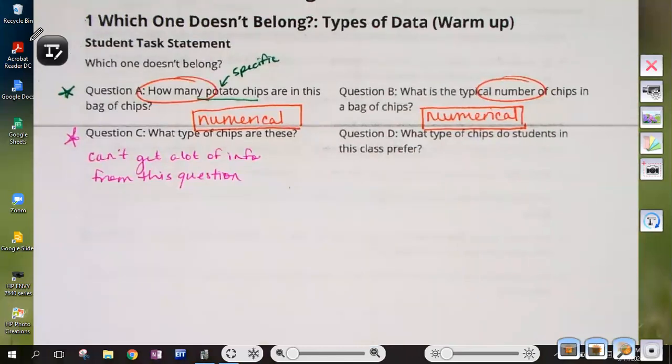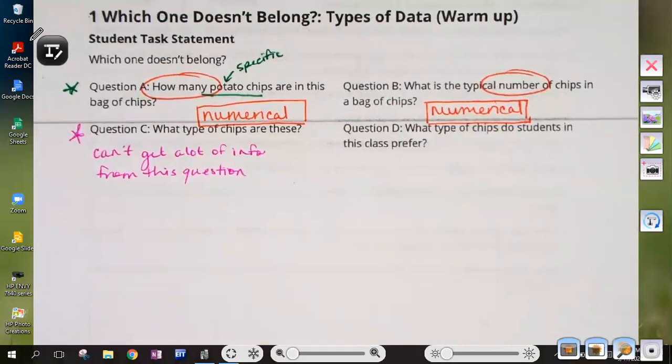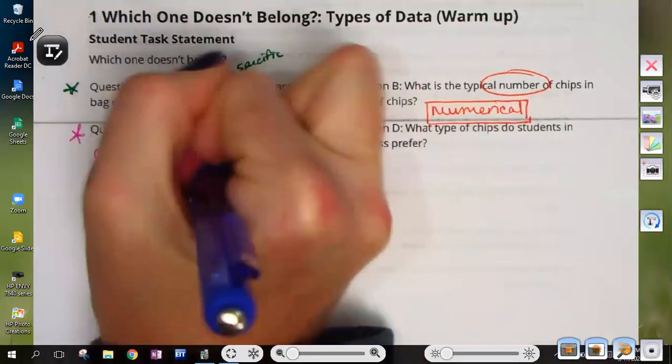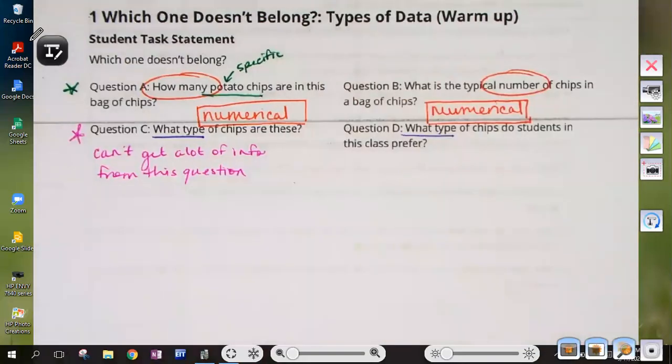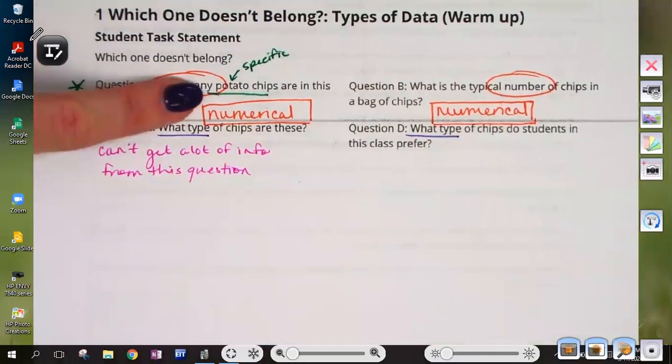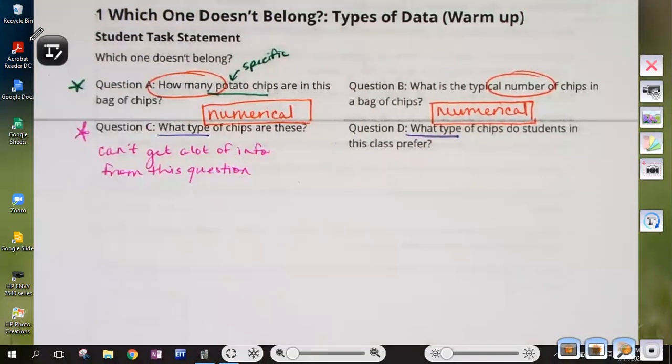Now let's look at the other two questions. It says, what type of chips do students in this class prefer, or what type of chips are these? If those questions are going to give us an answer that is a number, these two questions are going to give us an answer that is a what?